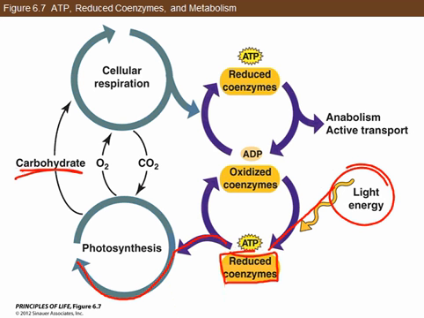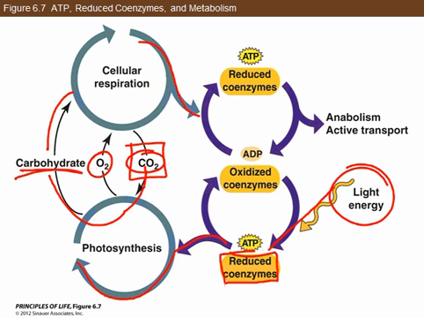We're going to reduce the carbon dioxide coming into photosynthesis and form carbohydrate, or glucose. The carbohydrate is then going to go into cellular respiration, and with the presence of oxygen, it's going to oxidize that carbohydrate back into carbon dioxide and go back into forming energy.